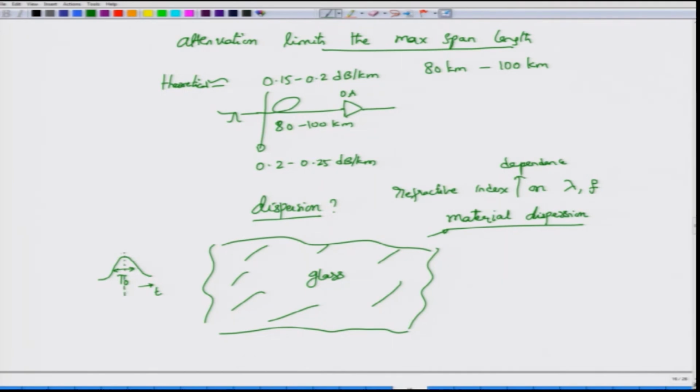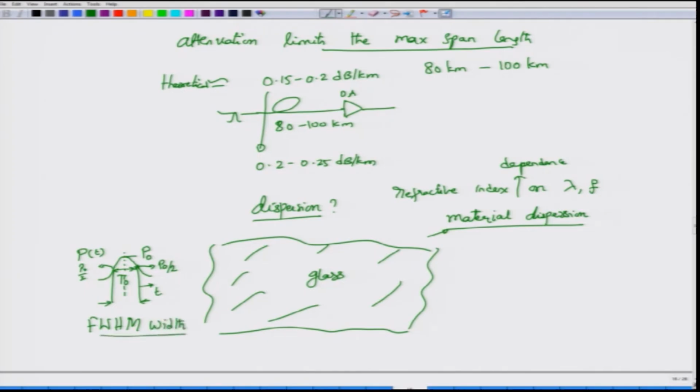That is, if you were to plot the power profile, so if p of t corresponds to the time dependent power that is launched, then from the peak power, which we will label as p0, you find two points where the power has dropped to p0 by 2, and then find the time interval between the two. The length of the time interval where the power is above p0 by 2 is called the pulse width. It is normally called the full width at half maximum pulse width.